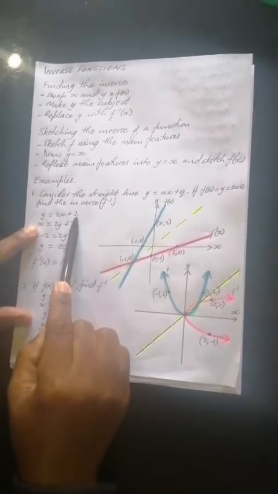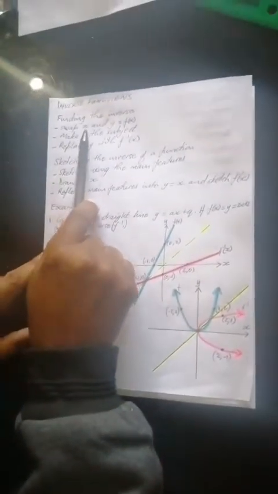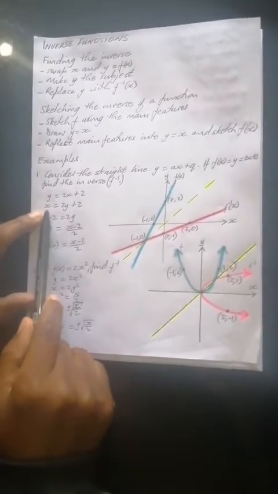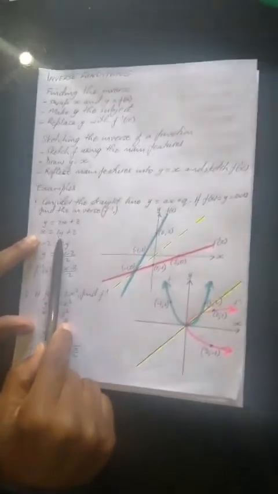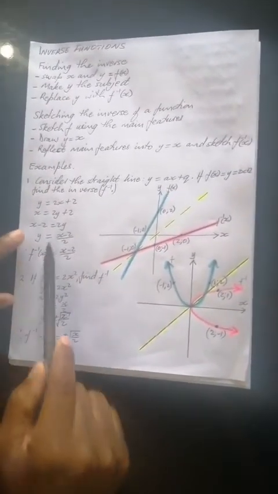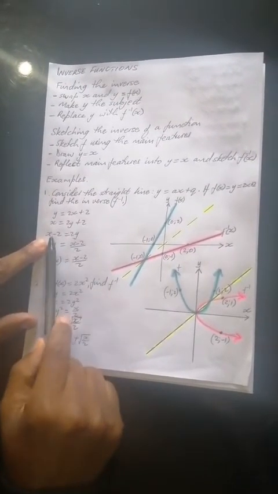The rule says when we are finding the inverse, we first of all swap x and y. So wherever there is y, we swap with x. Wherever there is an x, we swap with y. So it will be x is equal to 2y plus 2. Solving for y, we shall transfer our 2 to the left-hand side.